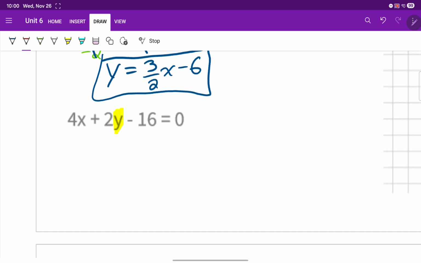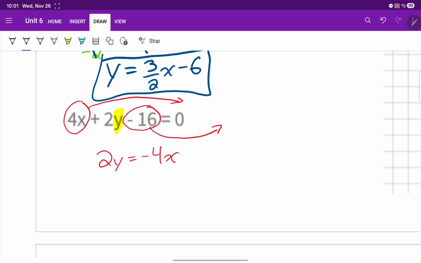With the next one, same idea. We're isolating for y. We're trying to get y by itself. In this one, I have 2 things that I need to move. I need to move my 4x to one side, and I need to move my negative 16 to the other side. Moving both of those, our equation becomes 2y equals negative 4x plus 16, right?